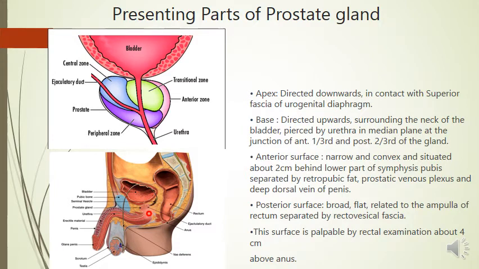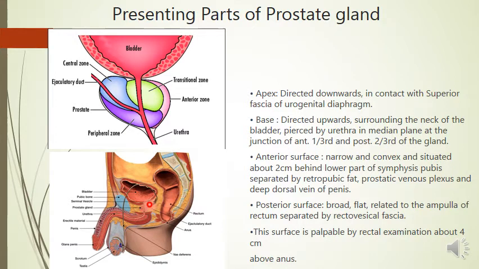Then the posterior surface, if we see here, it is broad and flat, and it is related to the ampulla of the rectum, and separated by the rectovesical fascia of Denonvilliers. Yesterday, in the previous slide, I showed you the fascia of Denonvilliers.